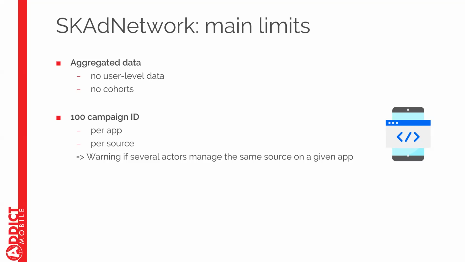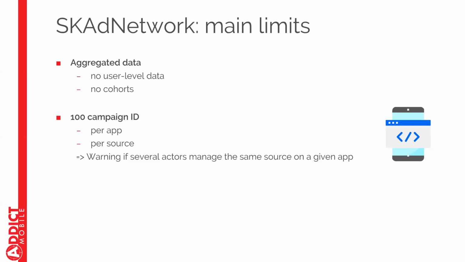It can really be small when you consider Facebook and all the granularity we can have per campaign, ad set, creative. And we don't know yet how every source will integrate that constraint with SKAdNetwork, because it's up to every source to integrate this campaign ID with SKAdNetwork. So we'll see how every source manages it and the possibilities we'll have.